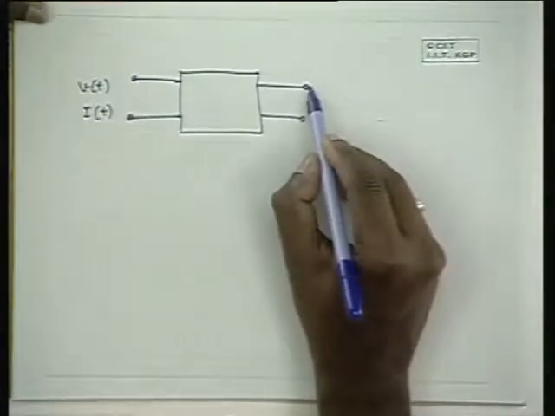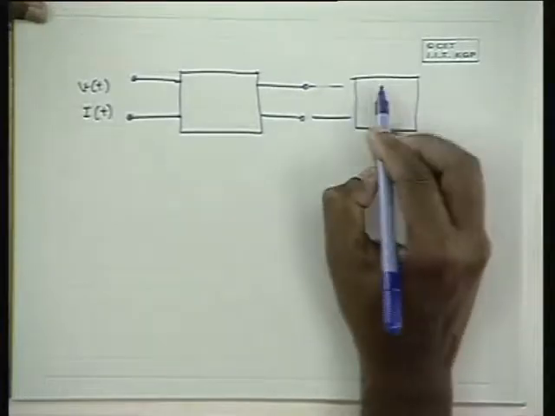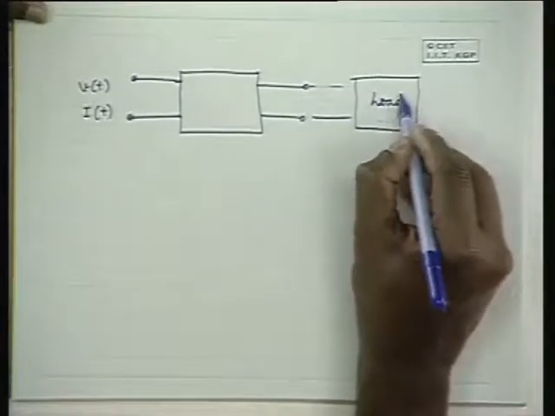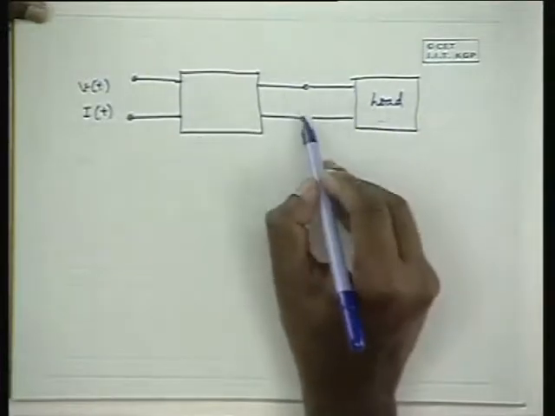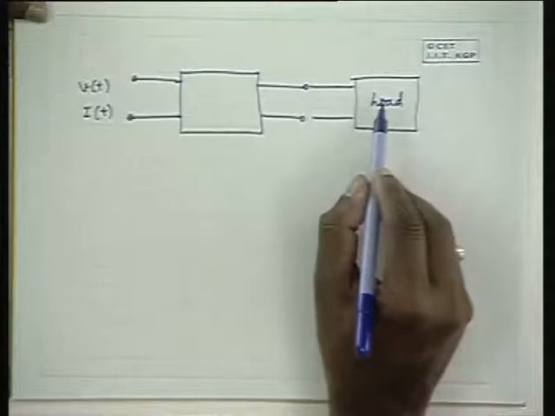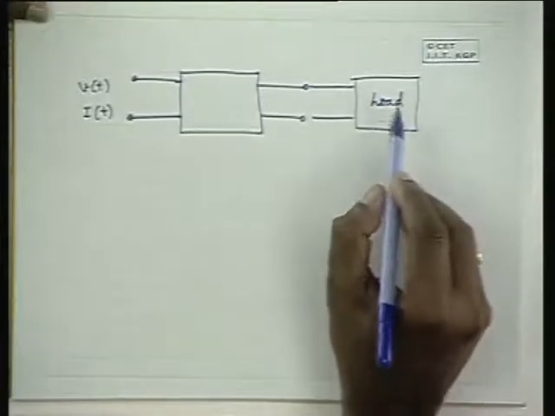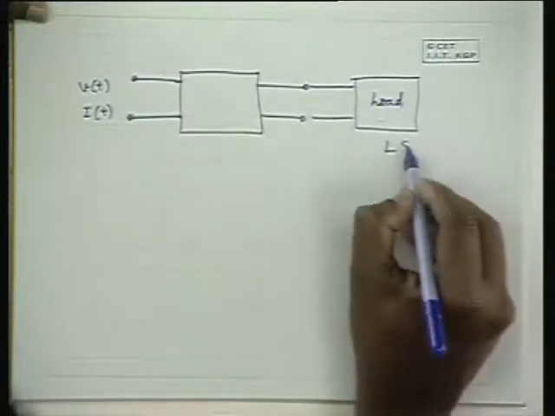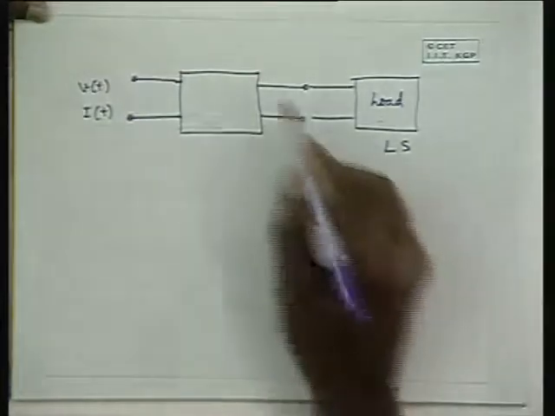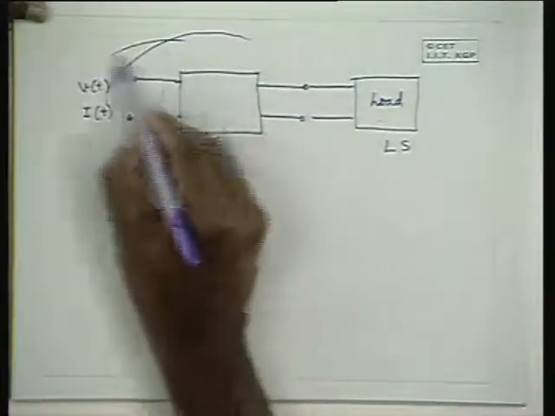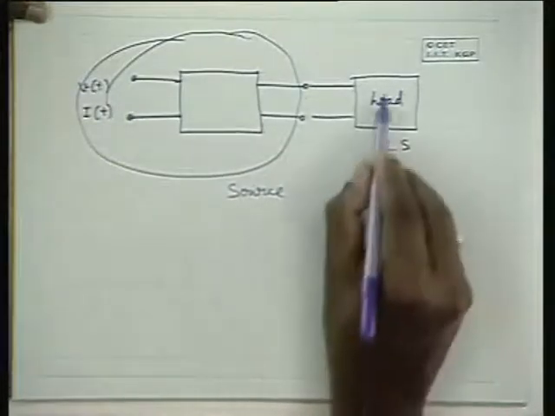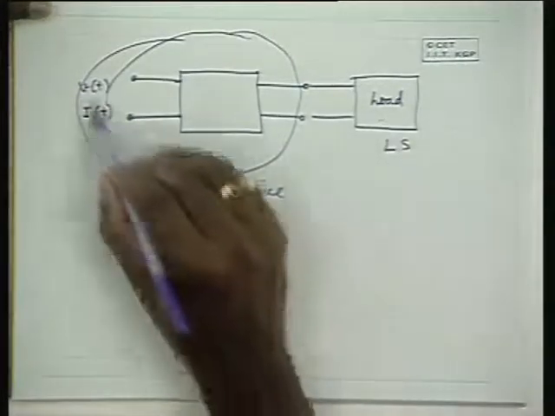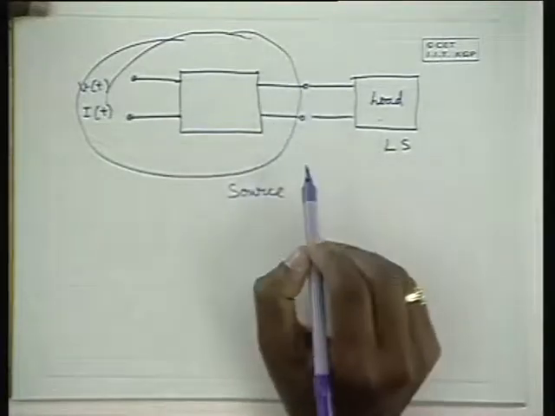So these are used to drive a load. In the public address system, the amplified output is used to drive a loudspeaker. So as far as the loudspeaker is concerned, this amplifier is a source. Therefore, the amplifier also acts like a source.